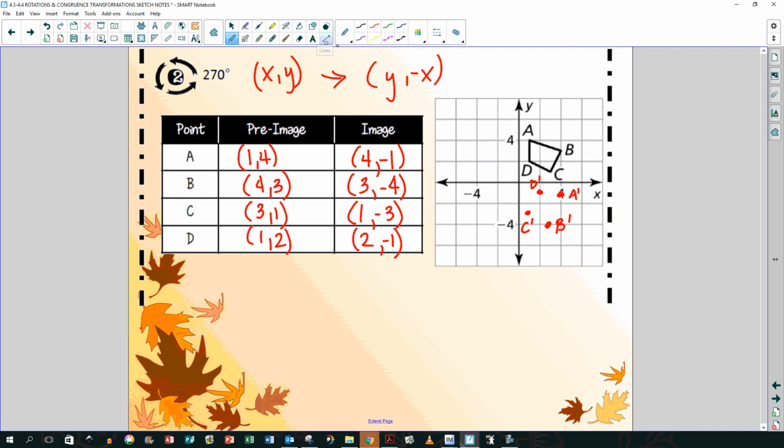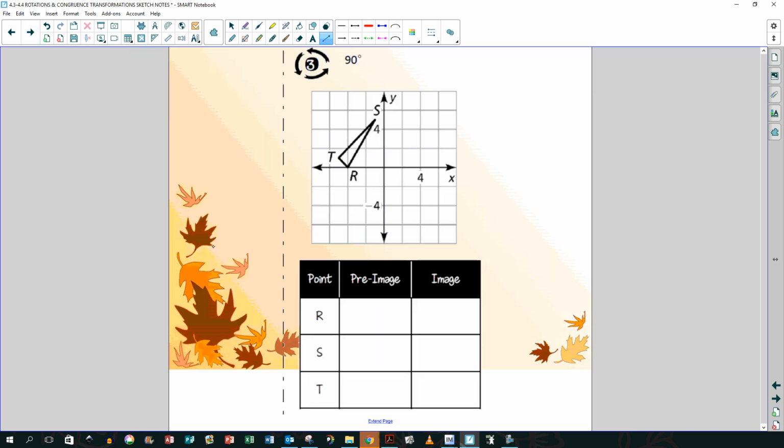And when we connect them, it should give us the exact same figure. Of course, it's going to look a little off, but that's rotating it 270 degrees. So you went from here to 90 to 180 to 270.